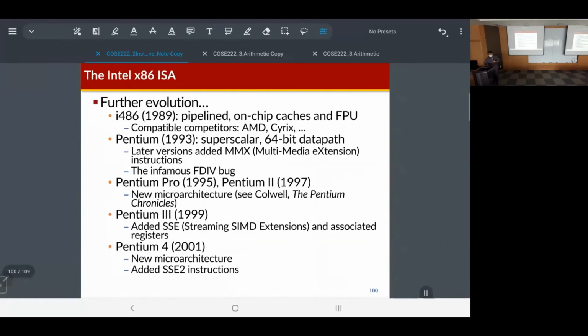And then Intel developed the i486, and then the Pentium, which supports superscalar and also a 64-bit data path. And then Pentium Pro, Pentium 3, Pentium 4, and as you can see, Intel includes more instructions.